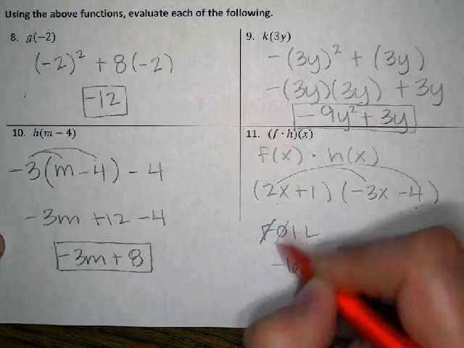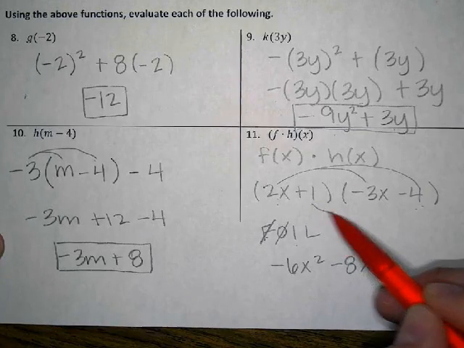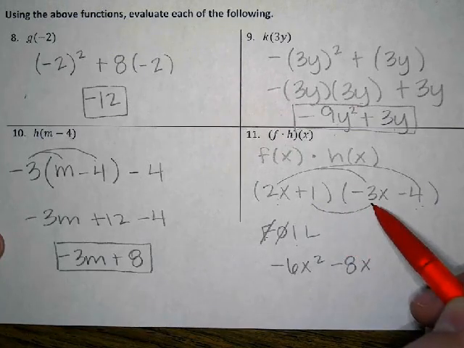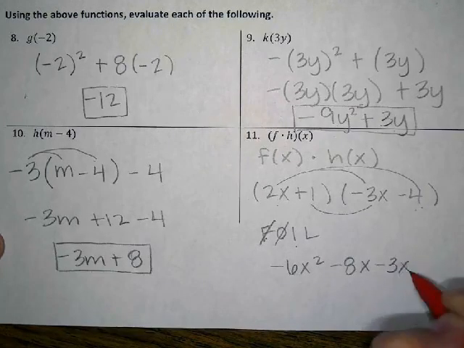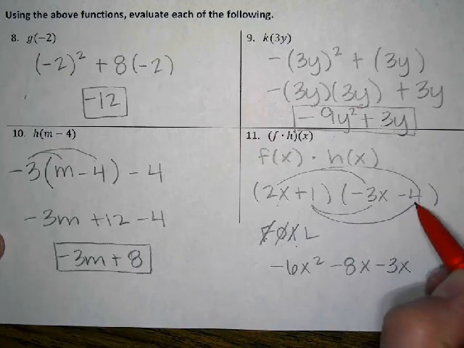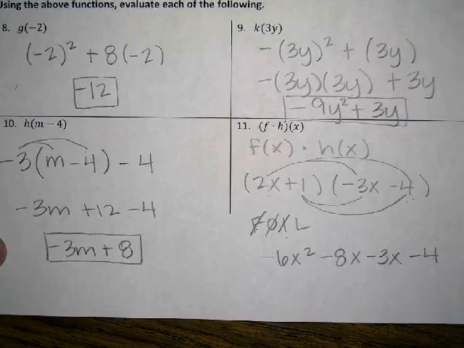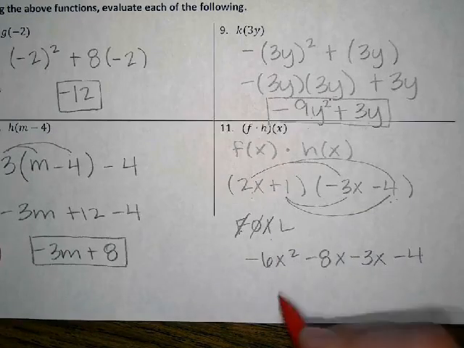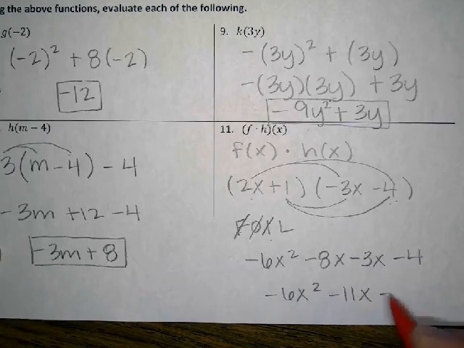Okay, then we're going to multiply the insides. Negative 3x. Okay, then we're going to multiply the last. Negative 4, okay. And if we put all of that together, there we go.